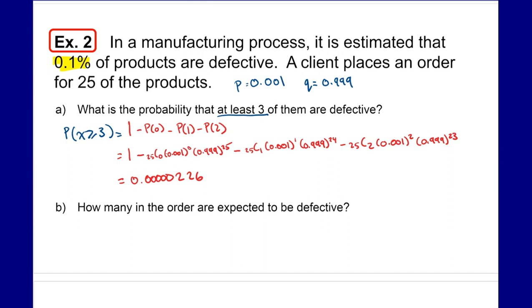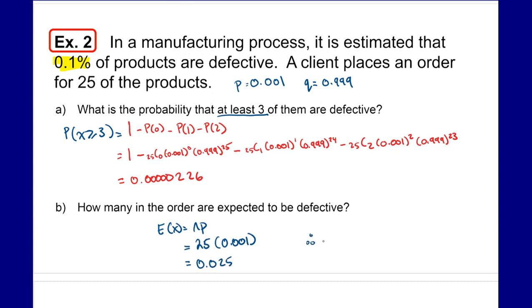Now B, how many in the order are expected to be defective? So I could go through the whole probability distribution table for all 25 items, multiply them by the outcome, add them all up, or I can use my quick way, n times p. So I have 25 trials or 25 items times the probability of them being defective. This gives me 0.025.